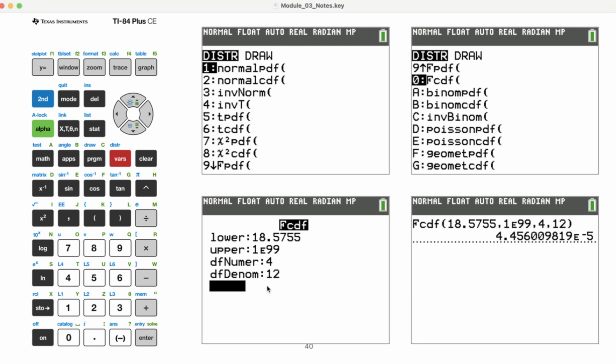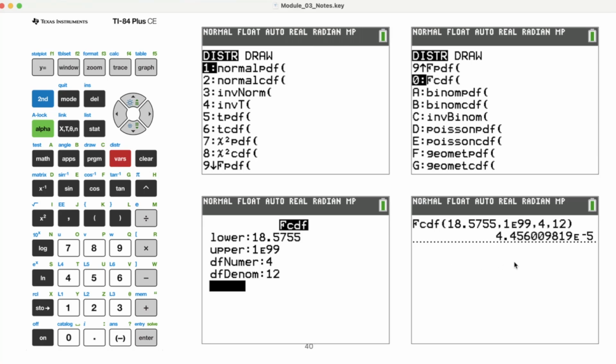I also need to specify the numerator degrees of freedom and the denominator degrees of freedom. Remember that we have 4 numerator degrees of freedom and 12 denominator degrees of freedom, so that's what I enter. Once I fill those values in and press the enter key, it pastes that into the calculation screen.